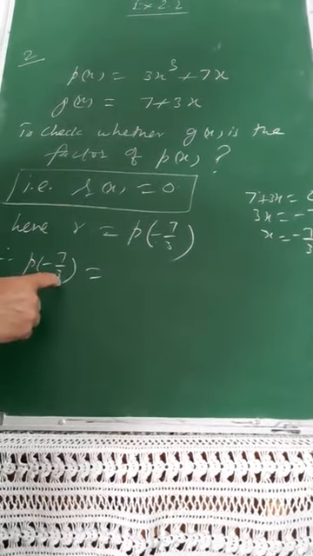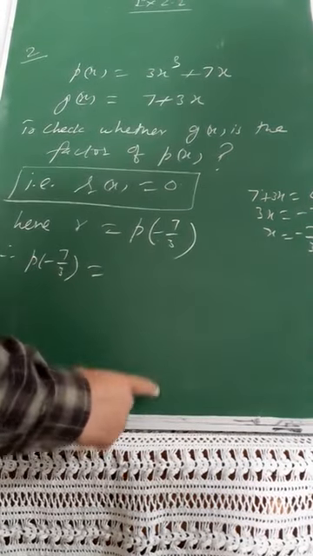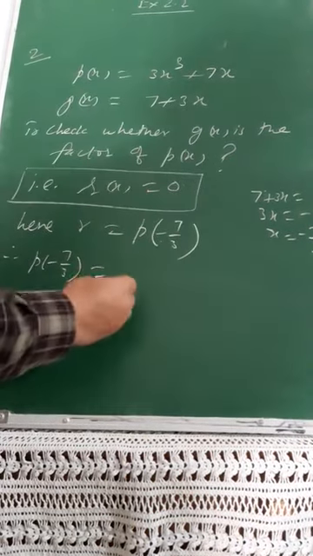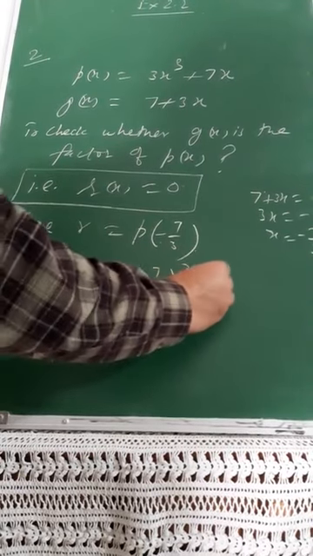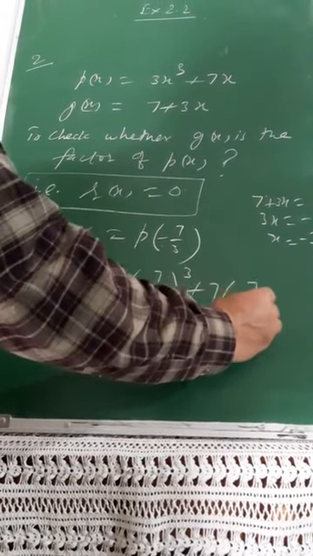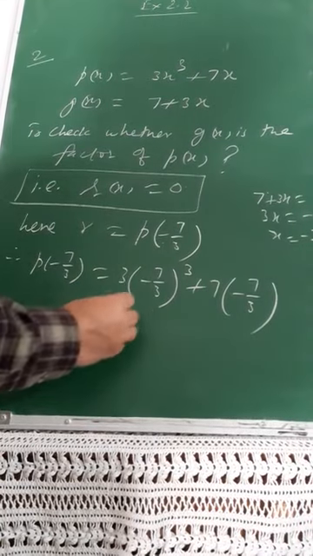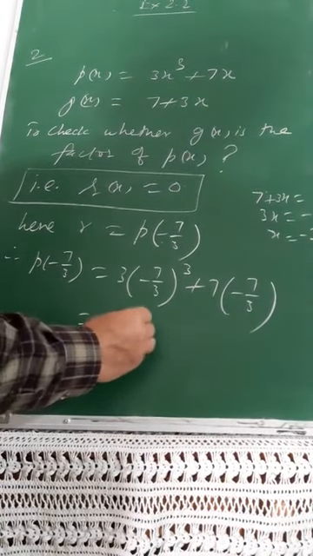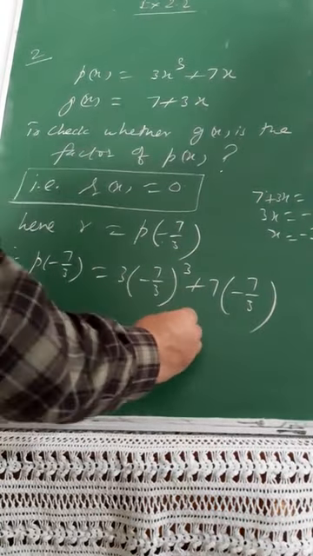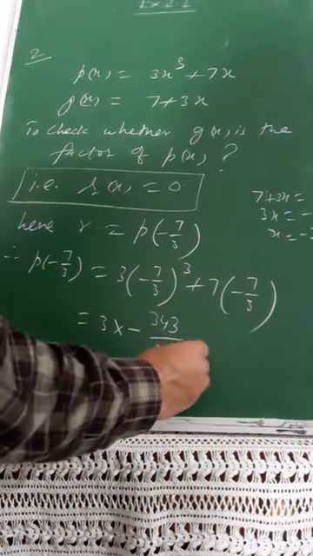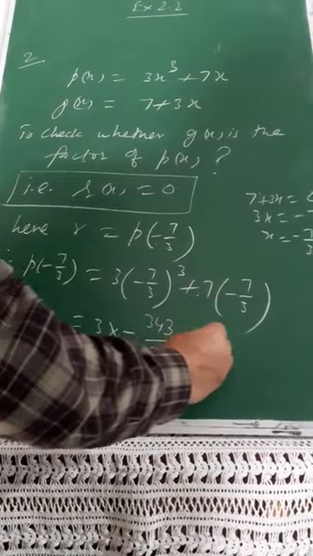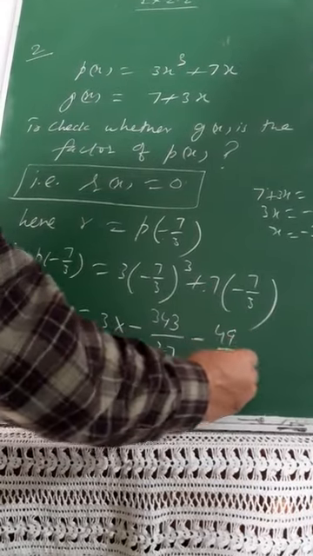Now I have to check this particular value, whether it is coming equal to 0 or not. That you have to substitute here. Minus 7 upon 3 whole cube plus 7 into minus 7 upon 3. So that you can check here, it is minus 343 upon 27 plus minus again 49 upon 3.